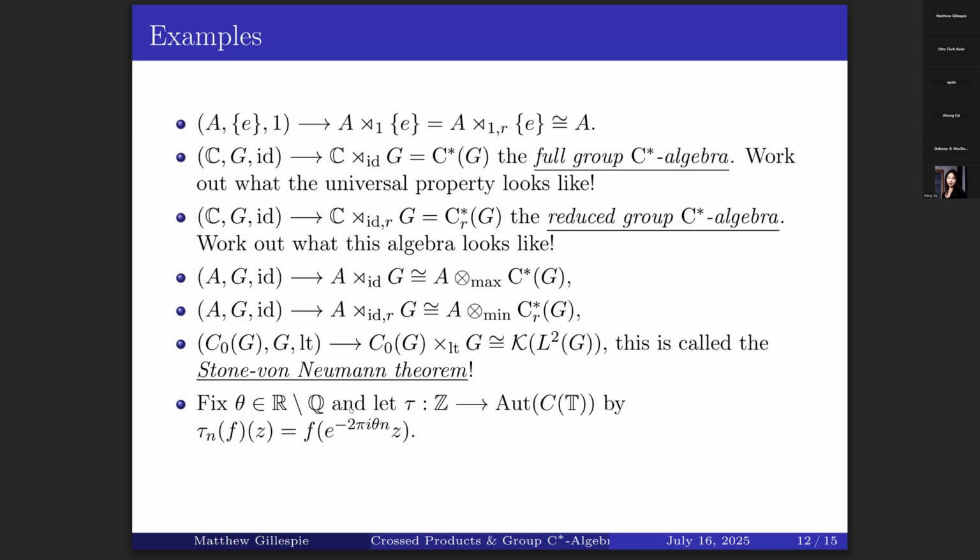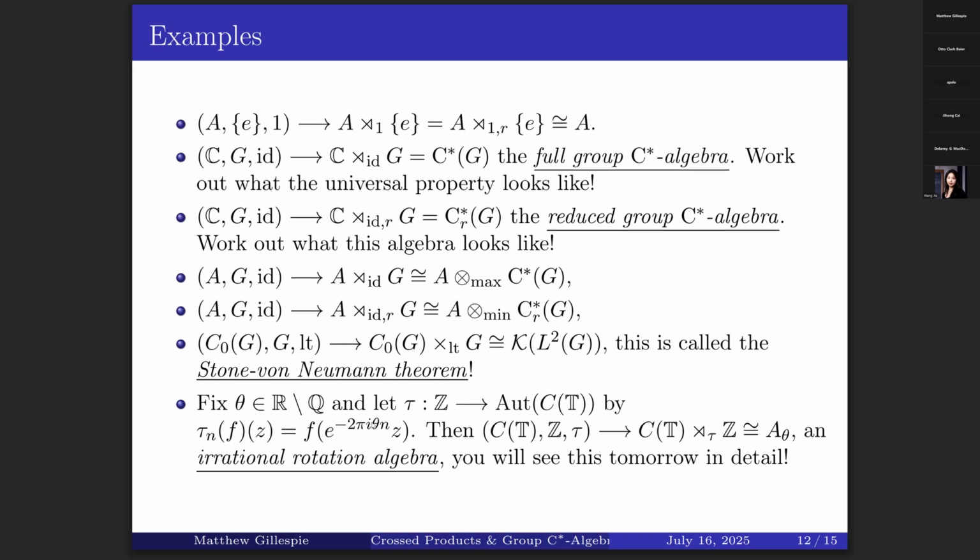I take tau sub n of f, and this is equal to just f applied to z, where I'm rotating z by theta n times counterclockwise. The cross product here is what's called the irrational rotation algebra. And again, you'll see this tomorrow in detail. You'll most likely define it in terms of generators and relations in a universal construction, but you could also define it this way through the cross product.